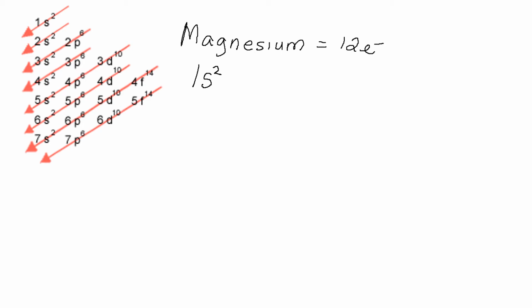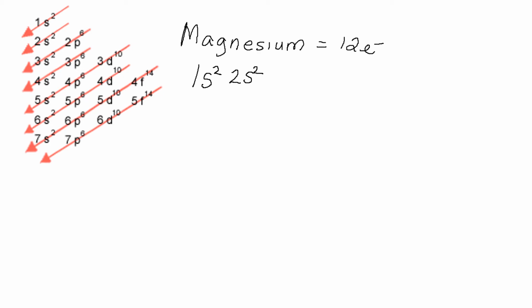So in this case, now the second arrow, again from right to left, we hit a 2s, and again, because it is an S sublevel, all you need to remember is that it can only hold 2 electrons. So now we have 4 out of the 12. We need 8 more, so we're going to continue going.